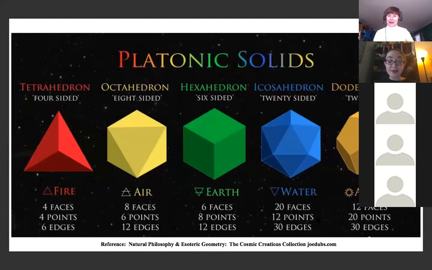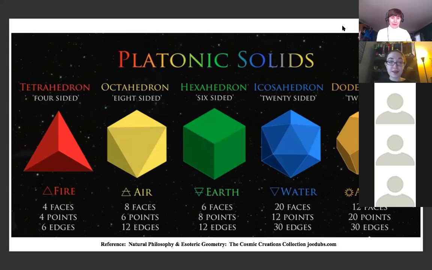Okay, so let's start talking about polytopes. And I really love this way to think about polytopes. So these are the famous Platonic solids. So these are three-dimensional polytopes. And what's special about them is they're regular.